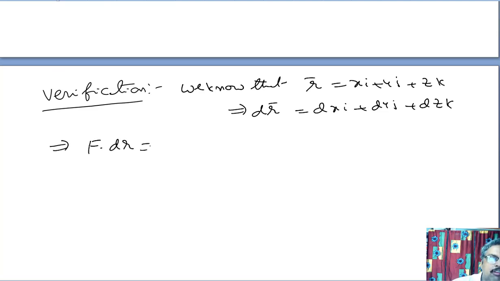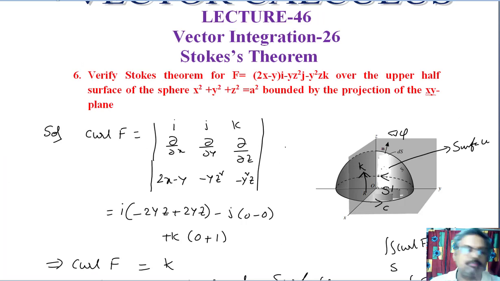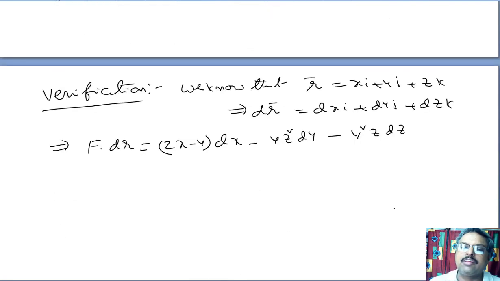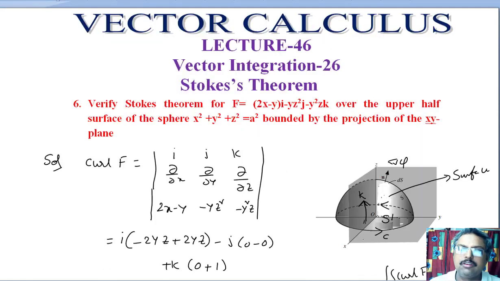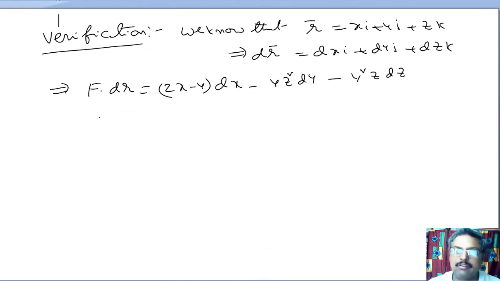F dot dr equals 2x minus y into dx, minus yz square dy, minus y square z dz. I will check the function: 2x minus y, minus yz square, minus y square z. All are negative.